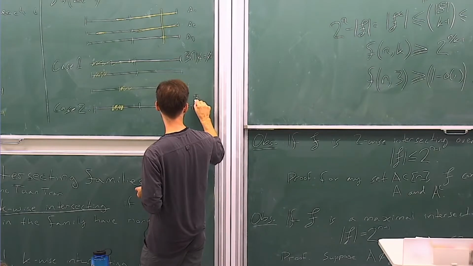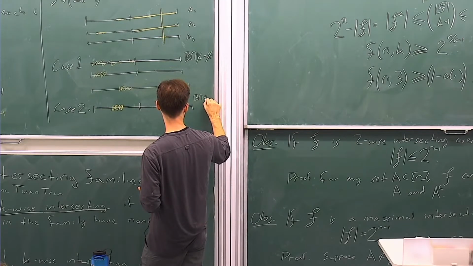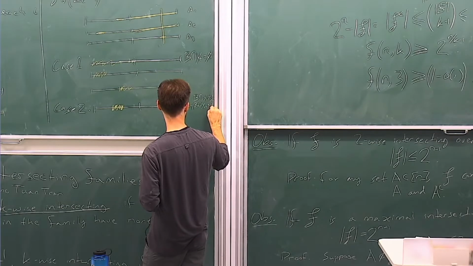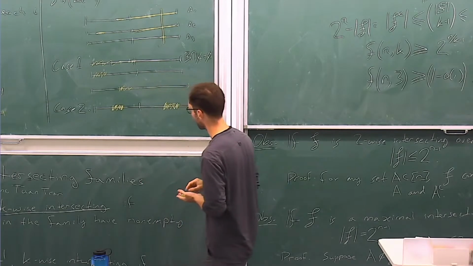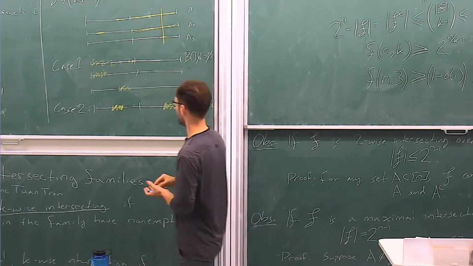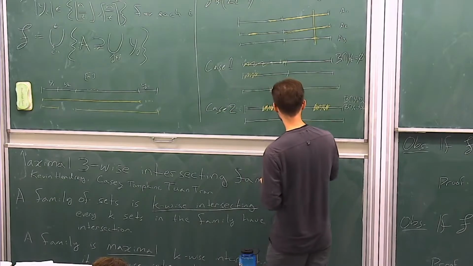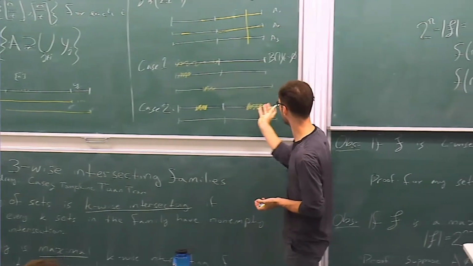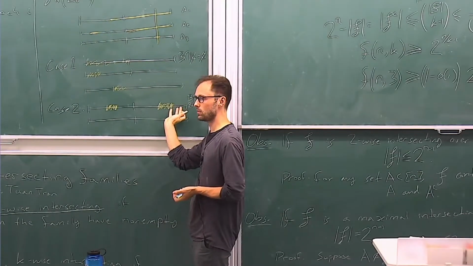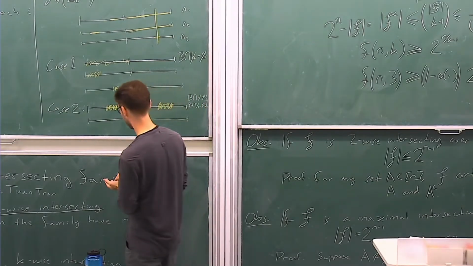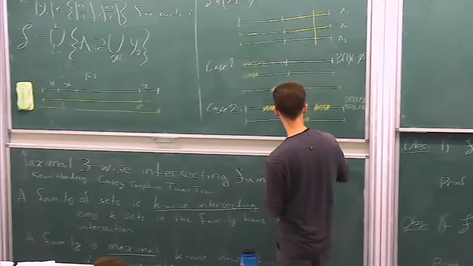So B intersect yt is not equal to yt, and B intersect yt minus 1 is not equal to yt minus 1, for example. Now, of course, we need to add two more sets, but this means we can kill yt with one additional set, and then we can kill yt minus 1 with one additional set. So we have this.